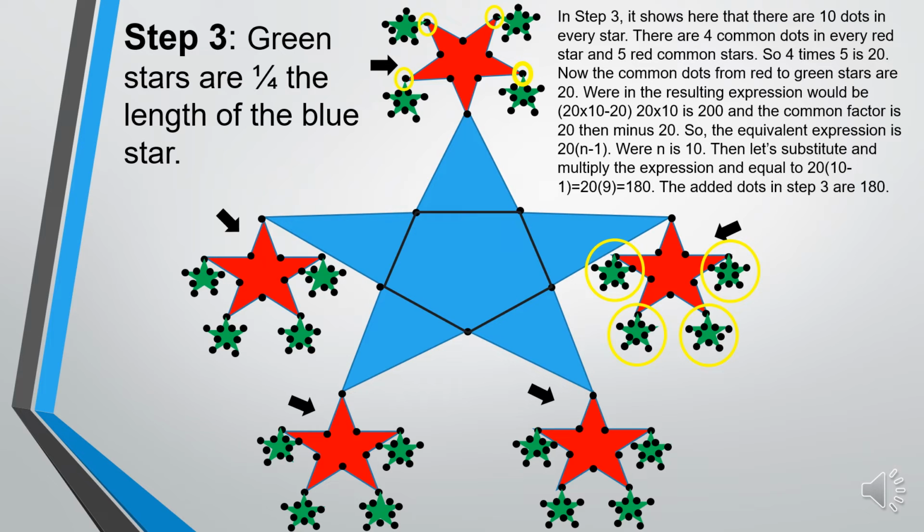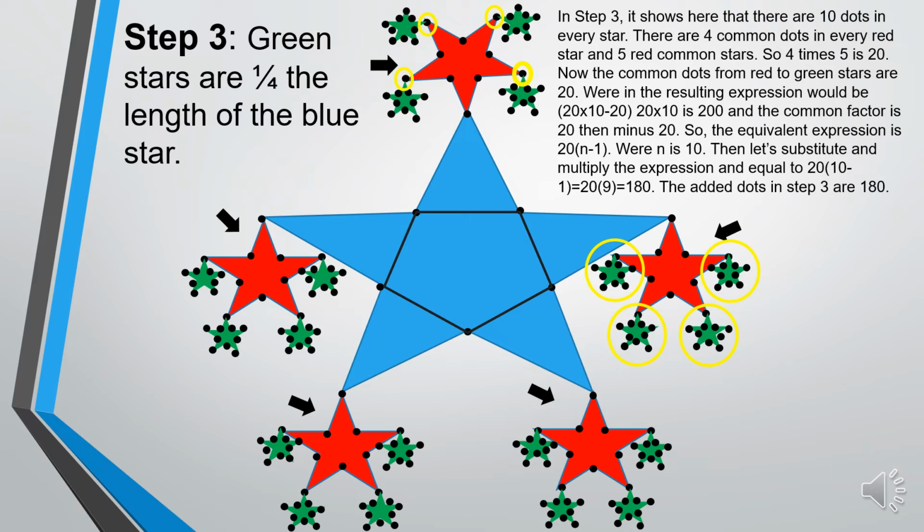For all 20 stars that have 1 common dot in a previous star. So the equivalent expression is 20 times n minus 1. So how did we get this 20 times n minus 1? Because we factor out the 20, where n is 10.